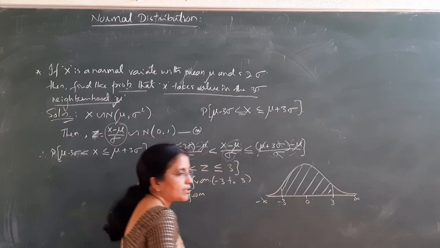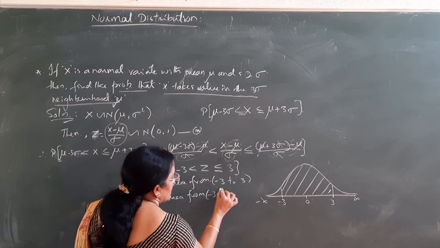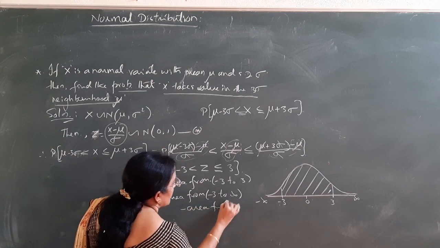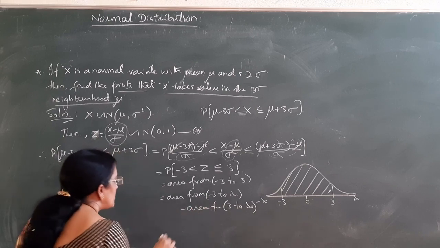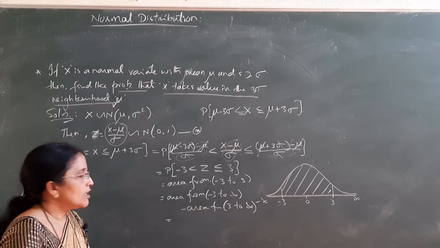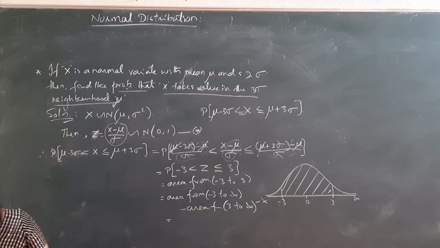Those two regions can be read from tables, right? Area from minus 3 to infinity minus area from 3 to infinity. Now these can be obtained from tables. Minus 3 means minus 3.0 and 3 means 3.0. Get the values from the table.